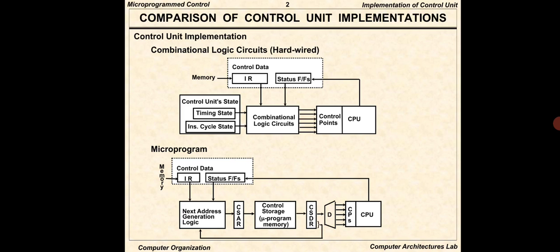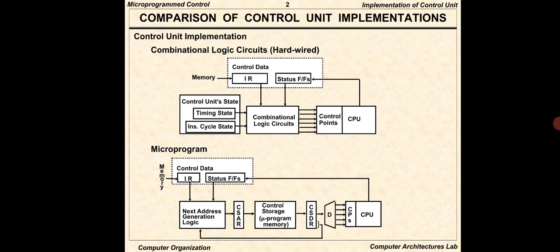So this is a block diagram of your microprogram control unit. What are the basic blocks we will see? The first block, as you know, is the control data, where I get data from my memory. It is stored in the instruction register and the status flip-flops. After this we have the next address generation logic.